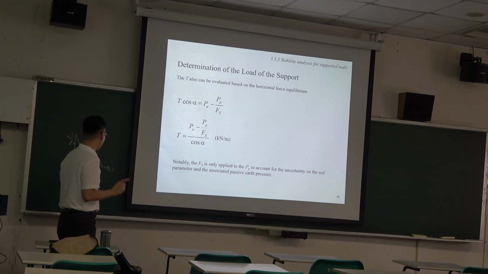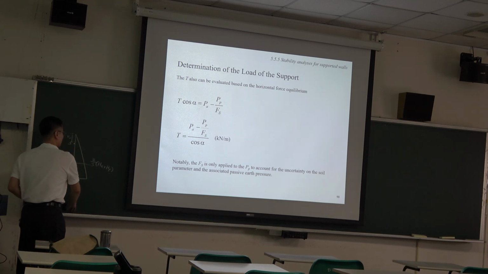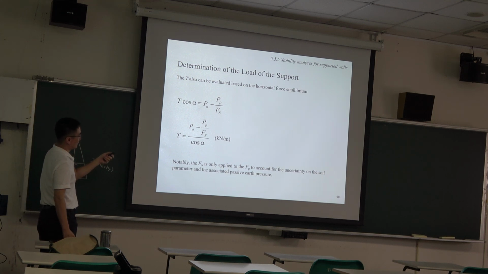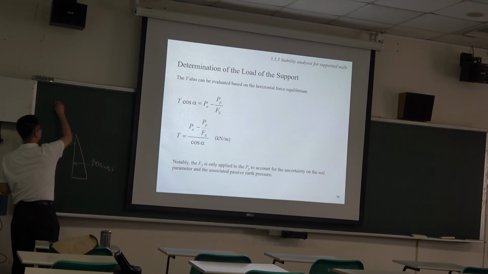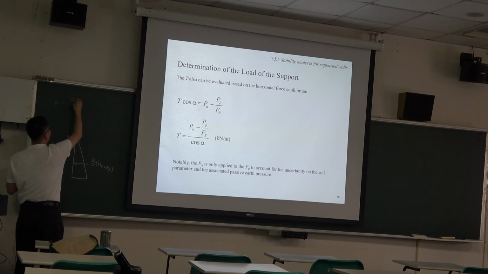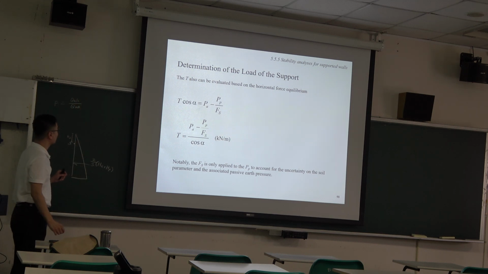Here I want to emphasize one thing. For bearing capacity, factor of safety Fs is q ultimate divided by q allowable.